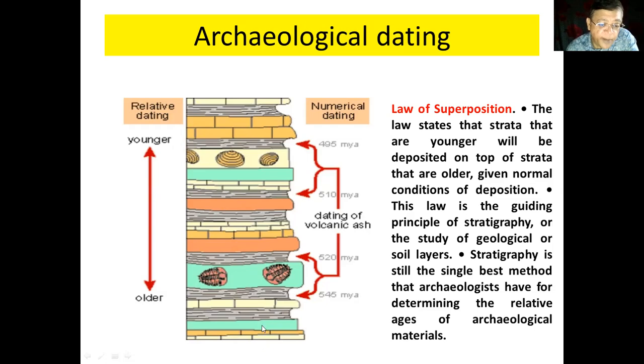When you find a particular artifact in a particular layer, then from accumulated knowledge we know when that layer was formed, and if the artifact is present in that layer, how old it is expected to be. So this is archaeological dating, by looking at in which layer of the earth, the subsoil, you find the sample.